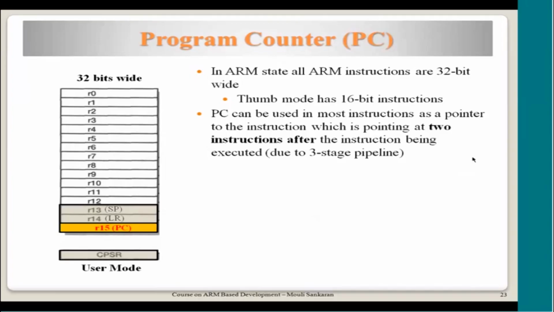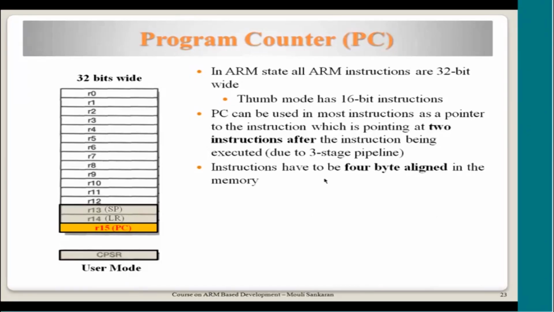As I mentioned in the previous discussion about memory interfaces, an instruction from the memory is always read as 4-byte data. So if it is reading 4 bytes, you can assume that the least significant 2 bits, bit 0 and 1, are always 0.